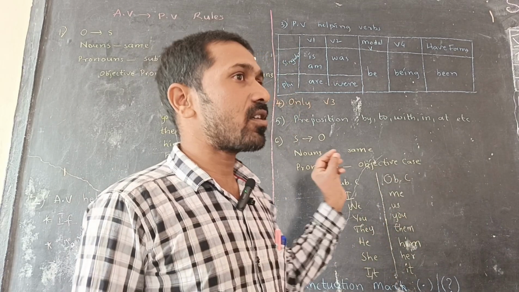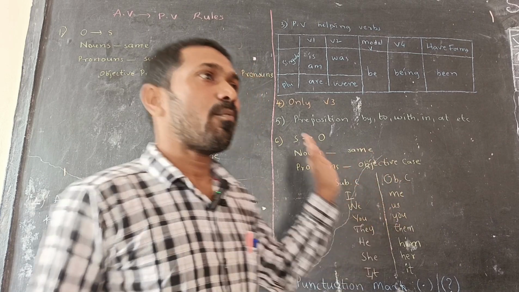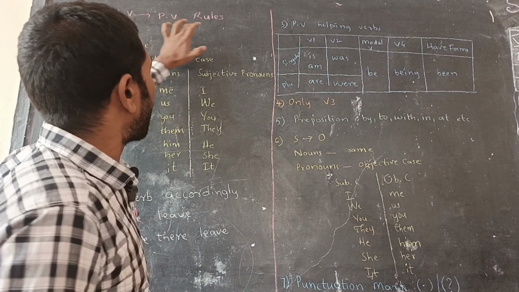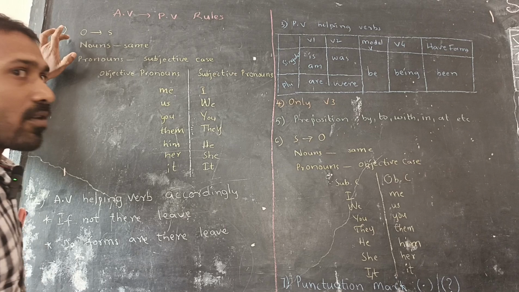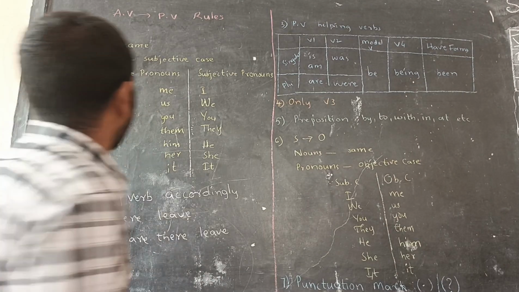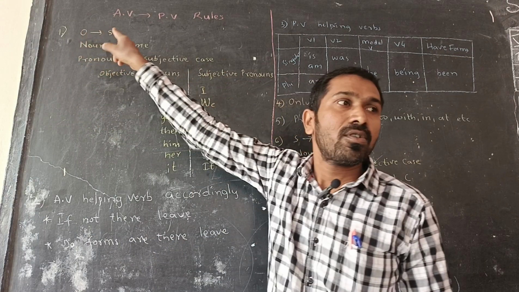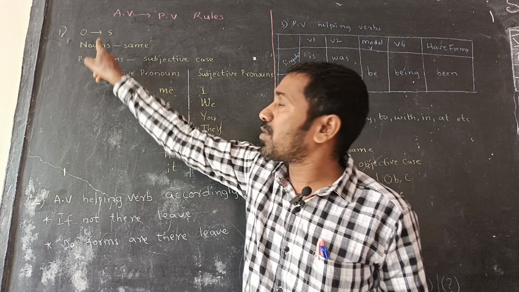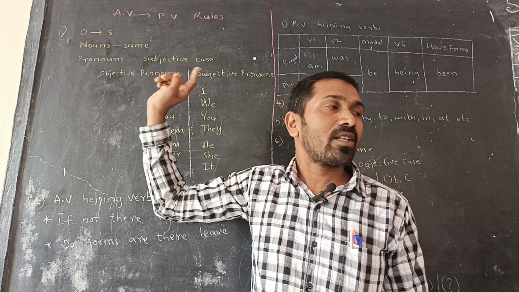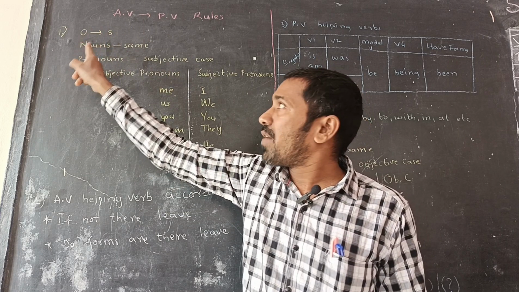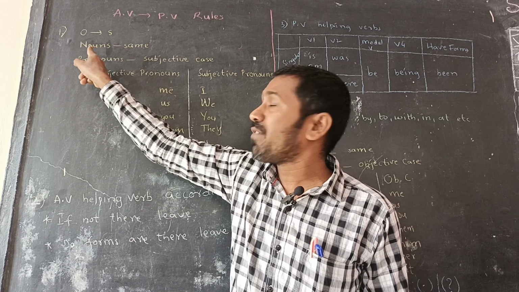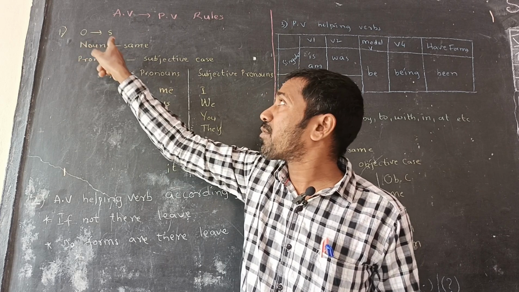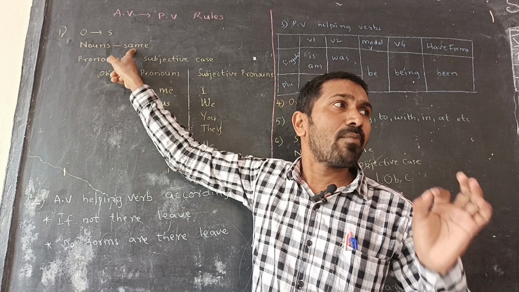Okay, now there are certain rules to change active voice into passive voice. Rule number 1, object changes to subject. While changing object into subject, if there are any nouns, you will have to use the same nouns.